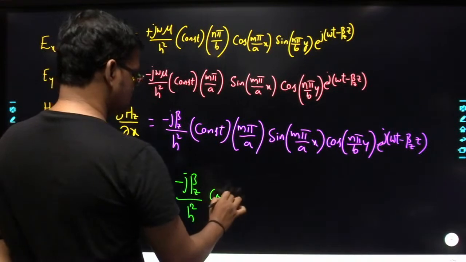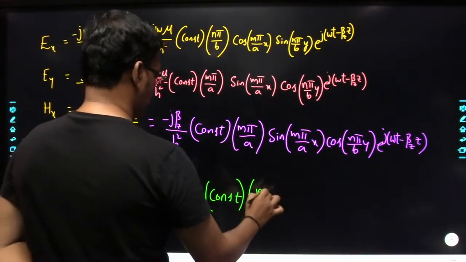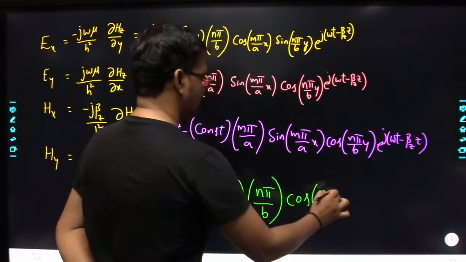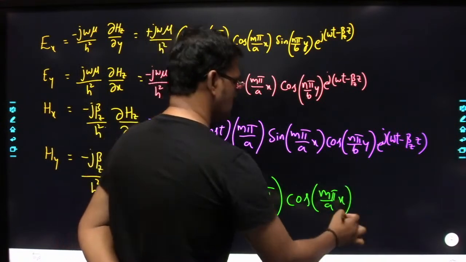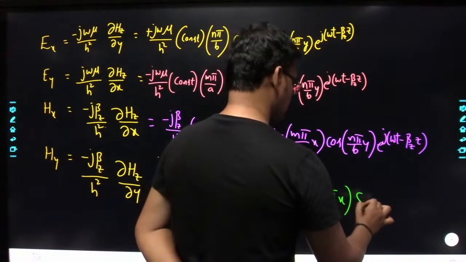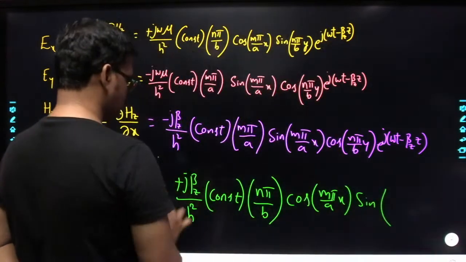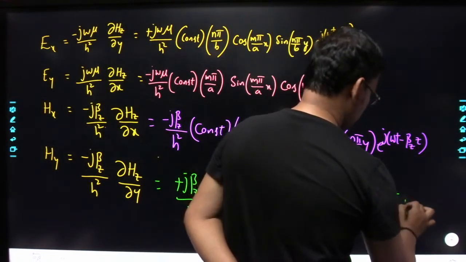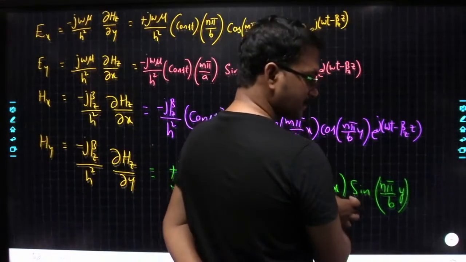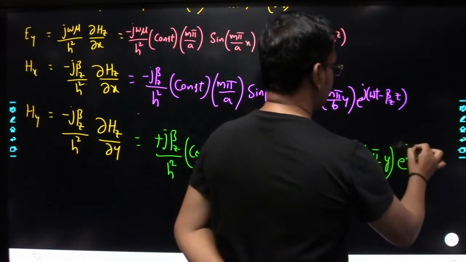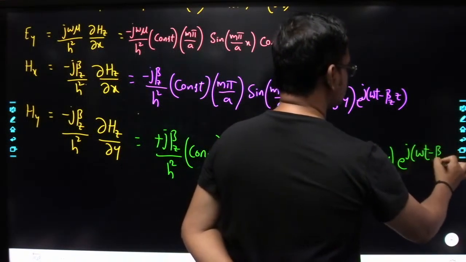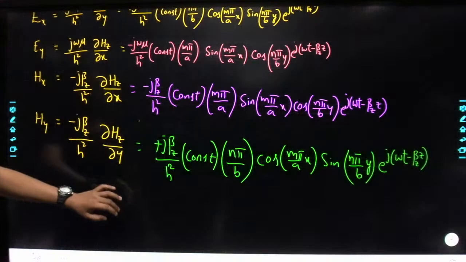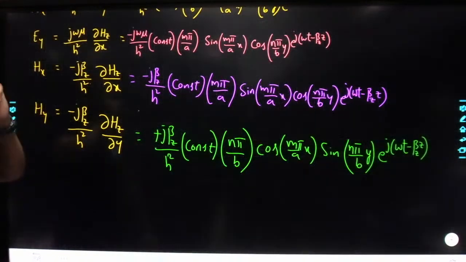You get some constant into n pi by b into cos of m pi by a into x multiplied by sine of n pi by b into y, where minus of minus will become plus, multiplied by e power j of omega t minus beta z into z. So this is the expression for Hy.